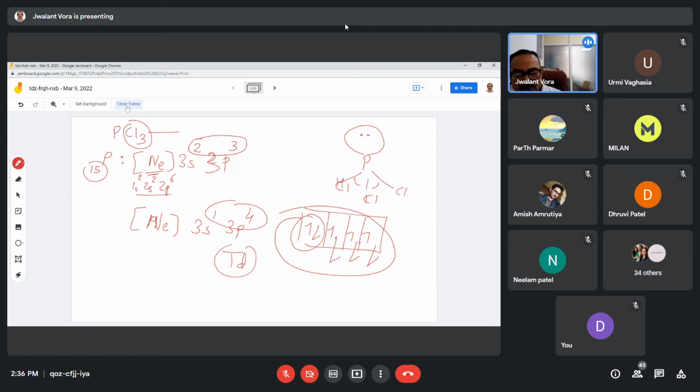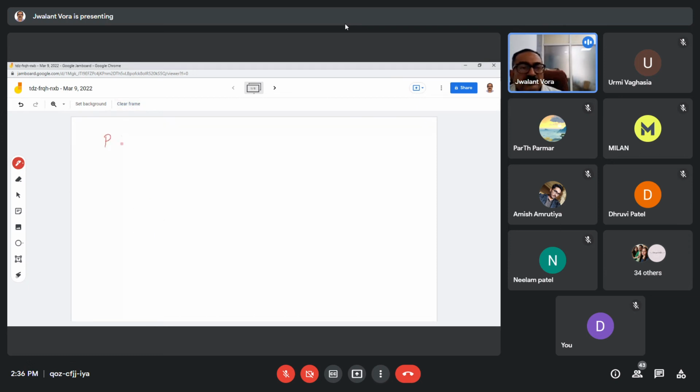Now the next one is PCl4 plus. Let us try to understand the shape of this one. Phosphorus 15, neon core, 3s2, 3p3. This is about the ground state.